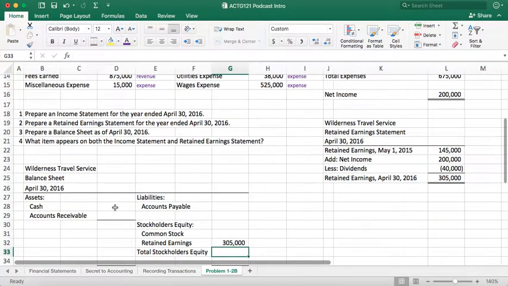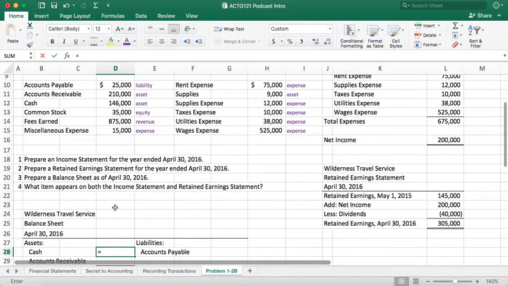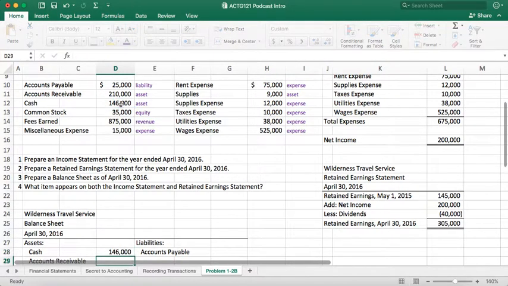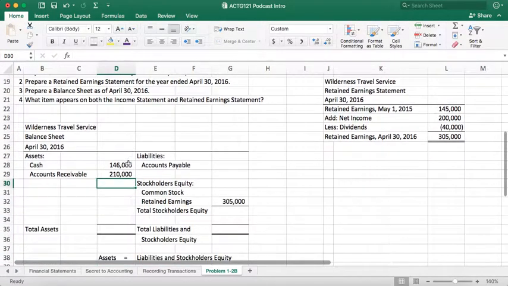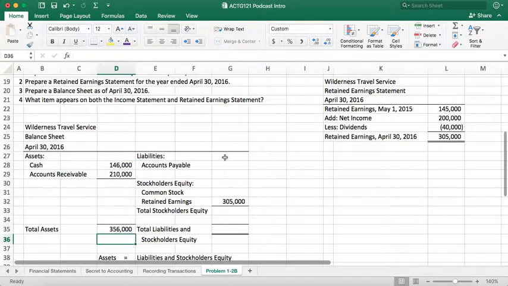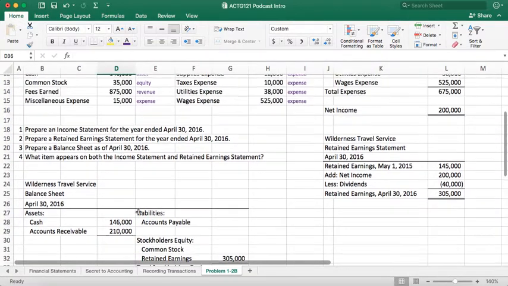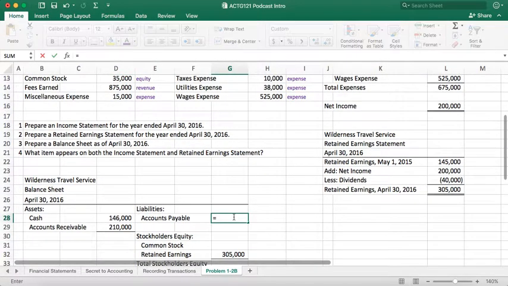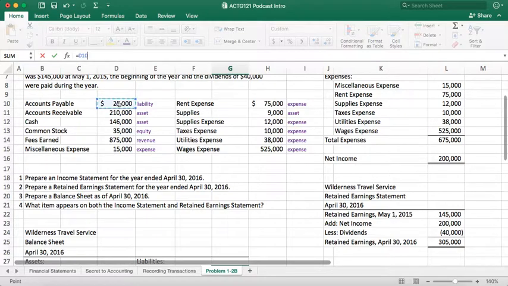So let's begin. Let's start with cash. We were given cash, $146,000. We were given accounts receivable, $210,000. And we need to sum that up. Now, if we've done everything correctly, our accounts payable, common stock and retained earnings will equal 356. So let's see, accounts payable is 25,000.